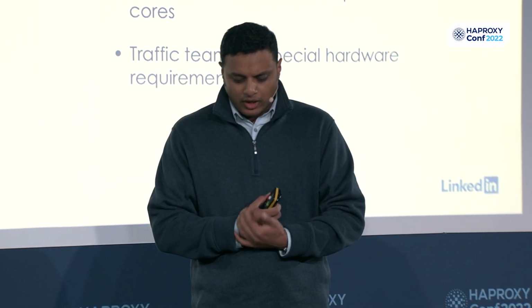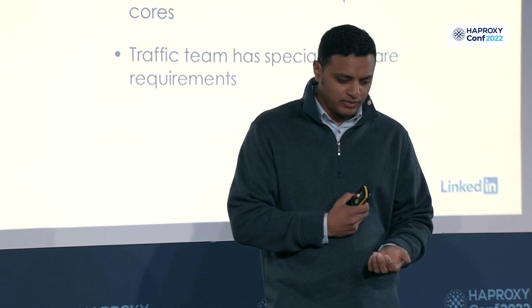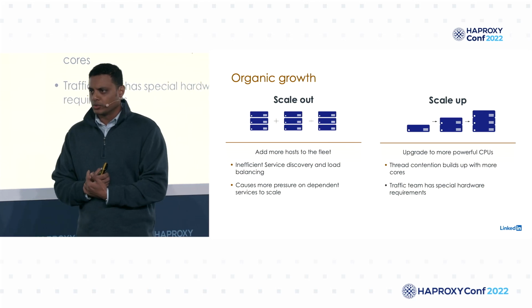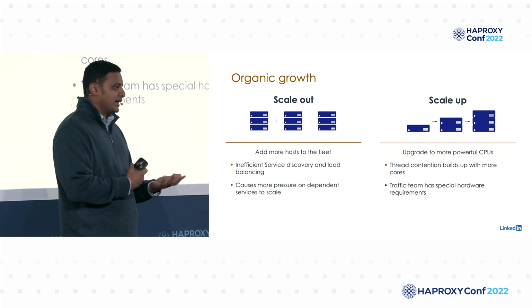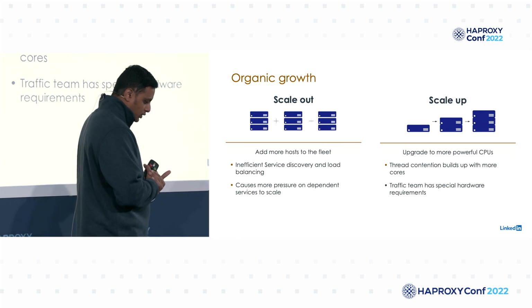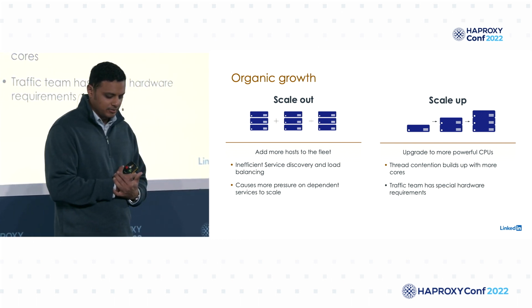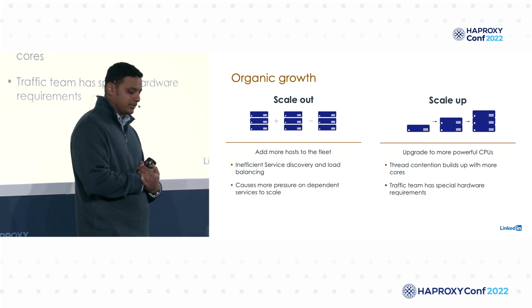So along with scaling our fleet horizontally, from time to time, we also upgrade our hardware. Recently, we upgraded to AMD 64 core machines, but we didn't get the expected performance out of it. We had to tweak Traffic Server quite a bit to make it work on these machines, but we didn't get to see the results that we were expecting.